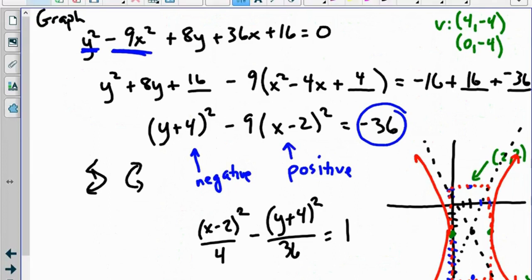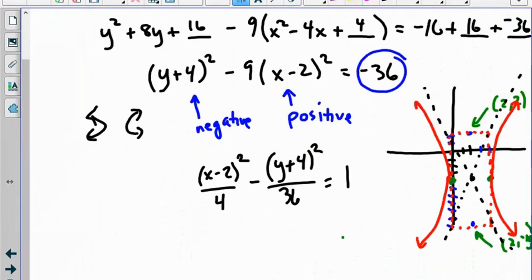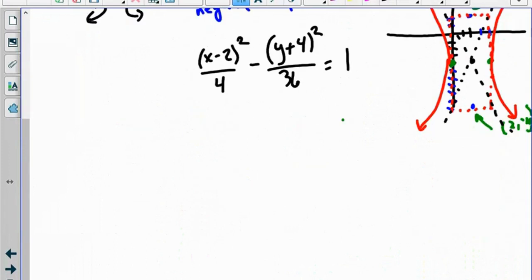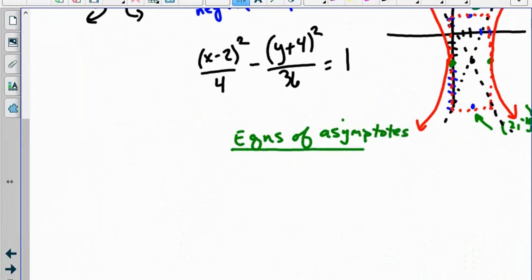Two more things that we should probably talk about. What are the equations of the asymptotes?